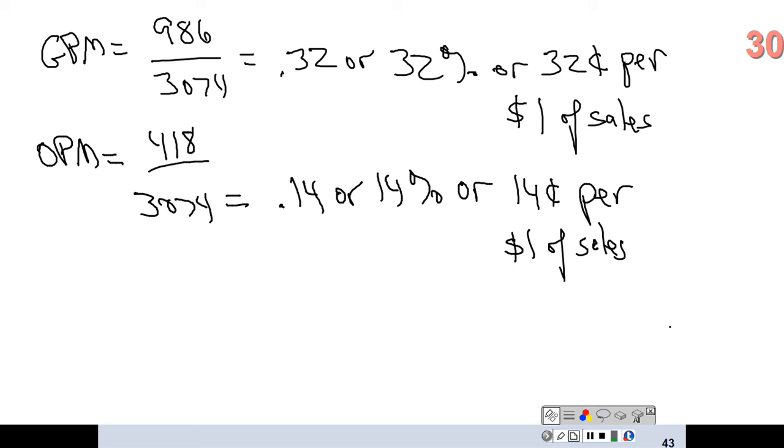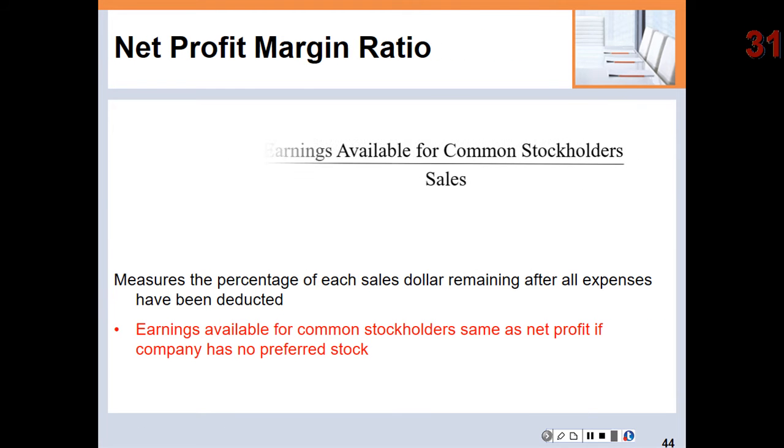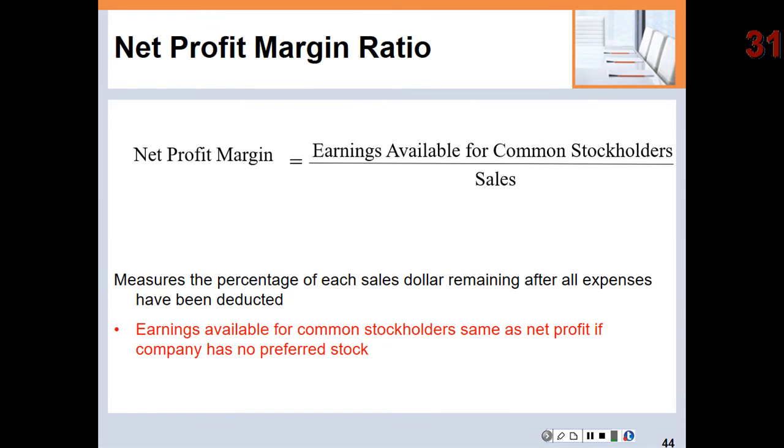And then the last profit margin ratio is net profit margin. And it's equal to earnings available for common stockholders divided by sales. So for this company, I'll give you a second to get that written down.